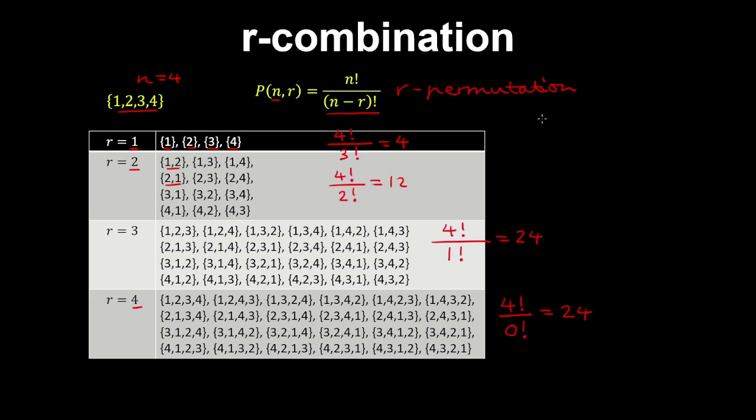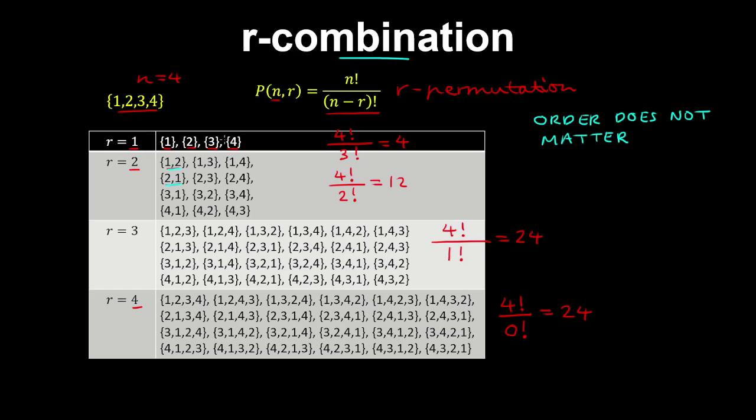But with an r combination, order does not matter. So therefore 1, 2 is treated as the same as 2, 1. So to calculate the r combination, we want to remove the duplicates from here.